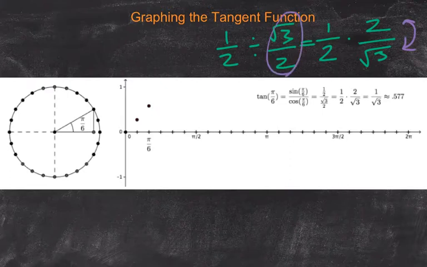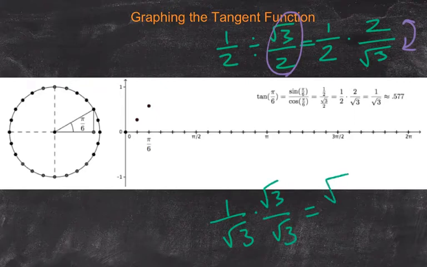And when I multiply that through, I get 1 over the square root of 3. If I wanted to rationalize the denominator, I could multiply by the square root of 3 over the square root of 3 to get the square root of 3 over 3. So that's just the version of this expression that has a rational number in the denominator, and that's approximately 0.577.